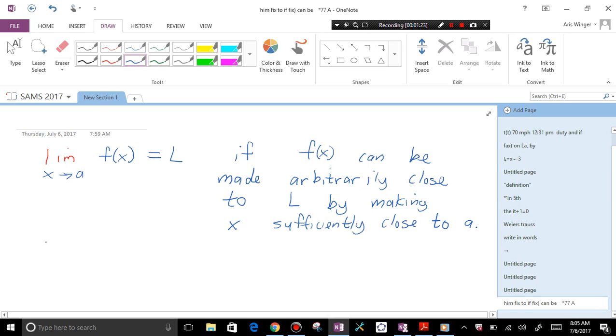Right, so here's an example. The limit as x tends to 3 of x plus 5. So in this case, the function is x plus 5.